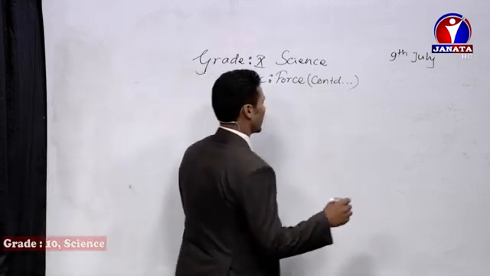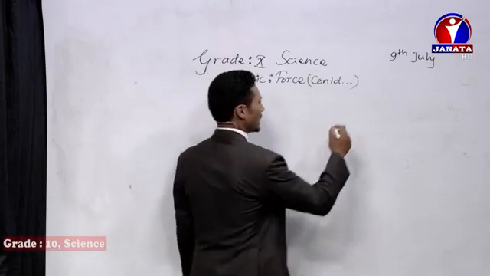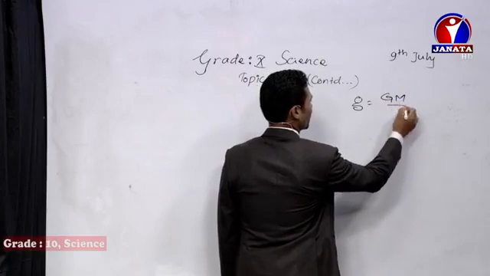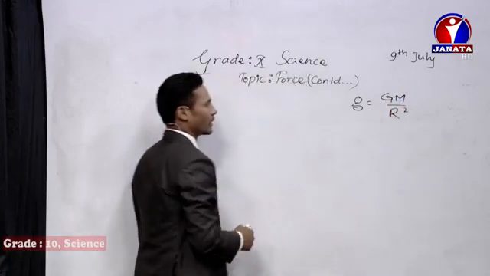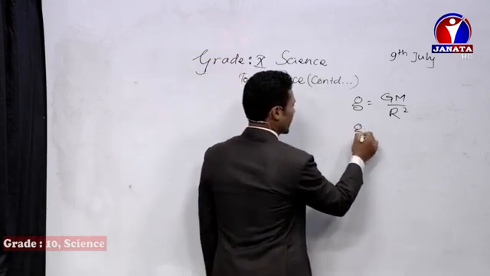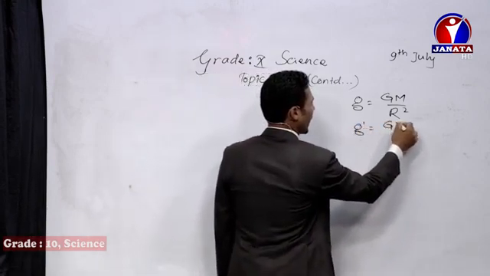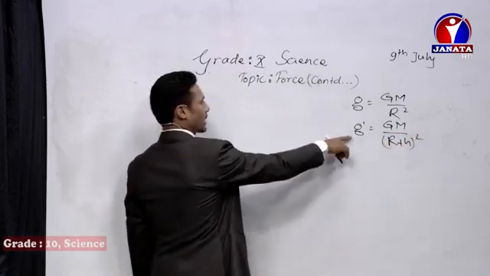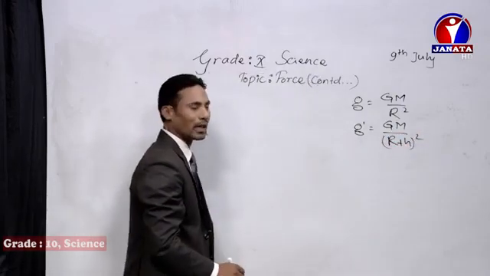Some formulas we derived in the last class: g equals GM by r square. This is acceleration due to gravity at the surface of Earth. Similarly, g dash equals GM by r plus h to the whole square. This is acceleration due to gravity at a certain height.